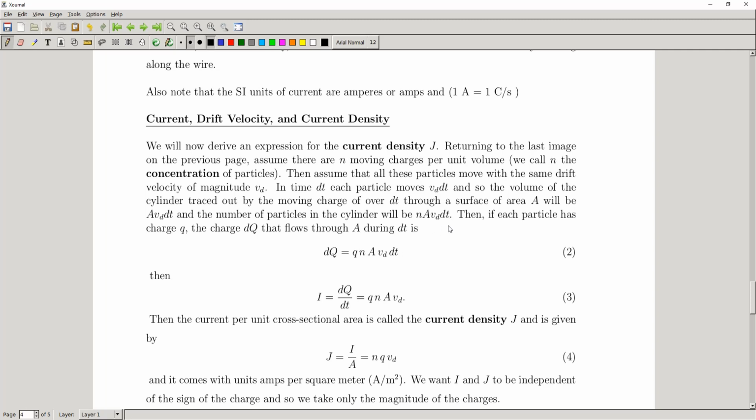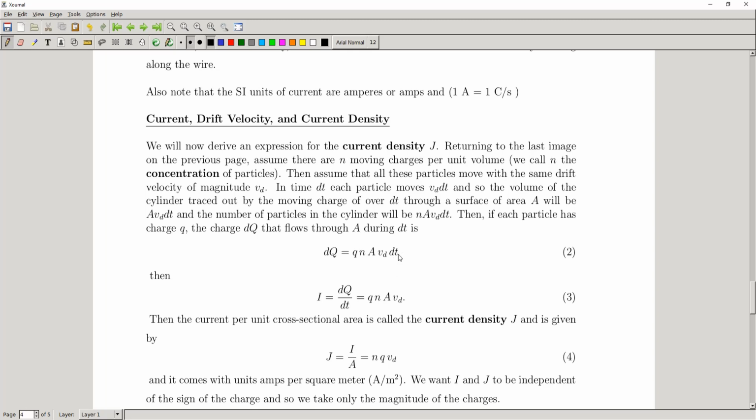Then if each particle is carrying some charge q, we can define this dq, which is the total charge flowing through that area in a time dt. Basically, we're just taking this previous expression and hitting it with a q. So our dq, the charge that flows through that cross-sectional area, is equal to the charge on each charge times the number of charges per unit volume times the volume of the cylinder that goes through that area in the time dt.